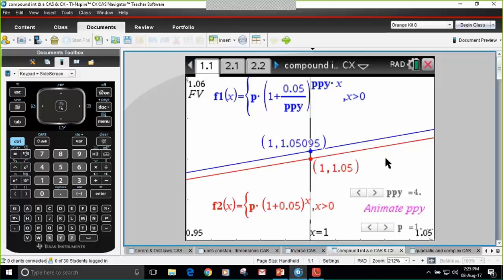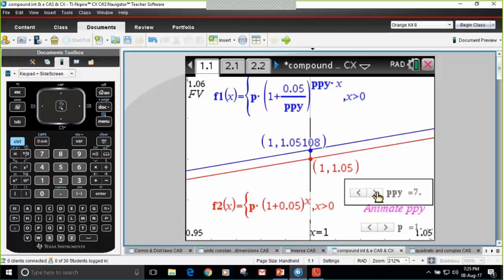Now if we increase the number of payments per year, and the interest rate is obviously 5%, you can see that initially you have quite an increase, a jump in the early stages for payment increase, an increase in the amount at the end of 1 year.